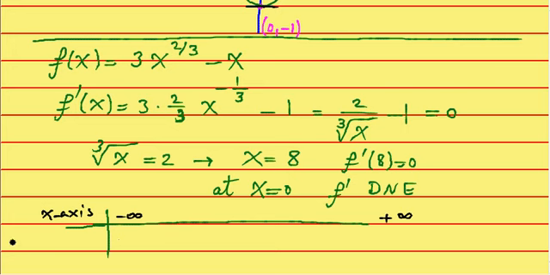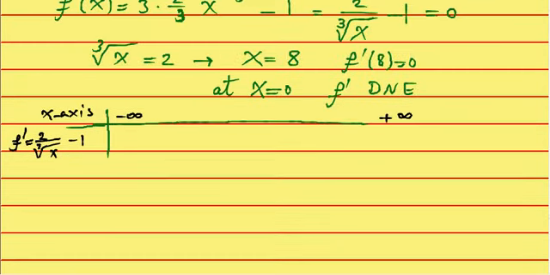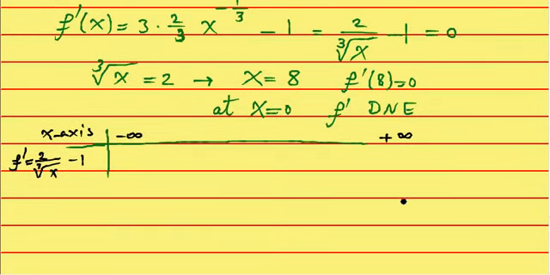Here is f prime, 2 over cube root of x minus 1, or let me make some space here. Our critical points are at 0 and 8.